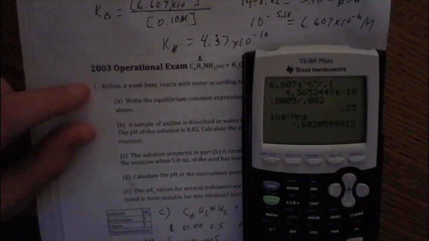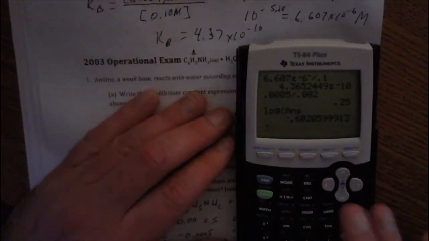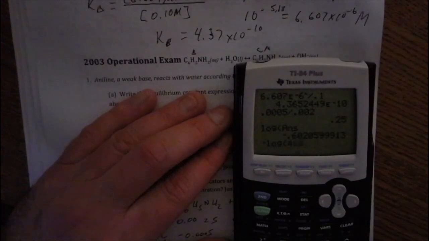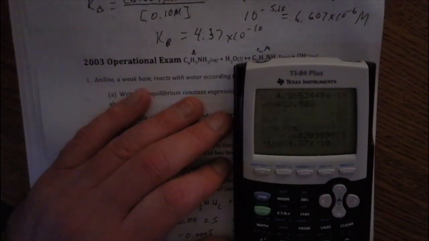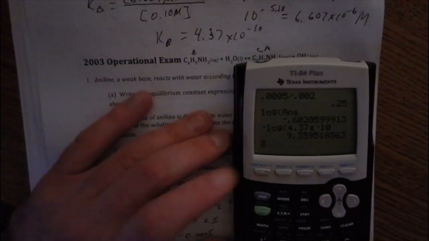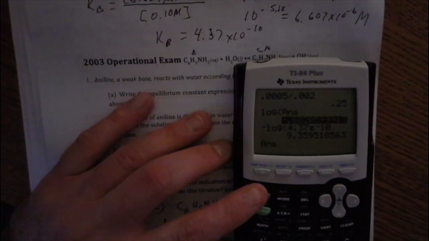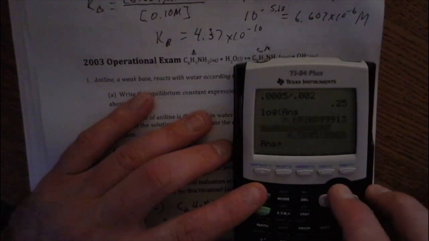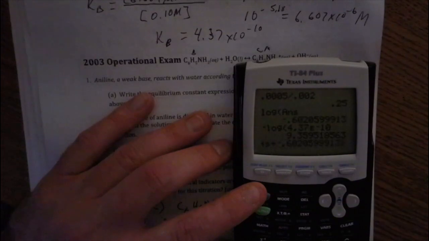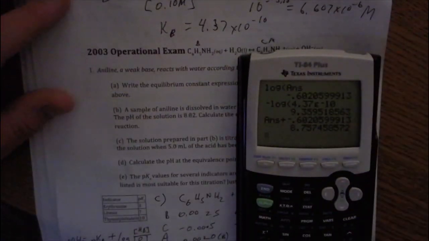I'm going to take the negative log of that because that gives us the pKb. 4.37 times 10 to the negative 10th. And I'm going to use this amazing function where I come up here and I add that to that thing. That gives me 8.757.